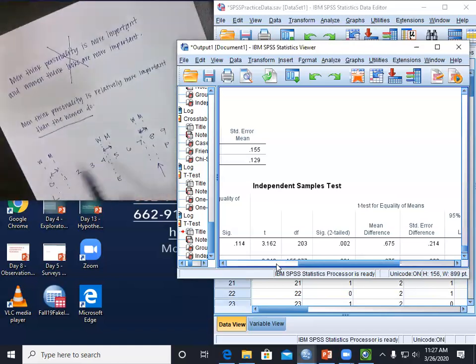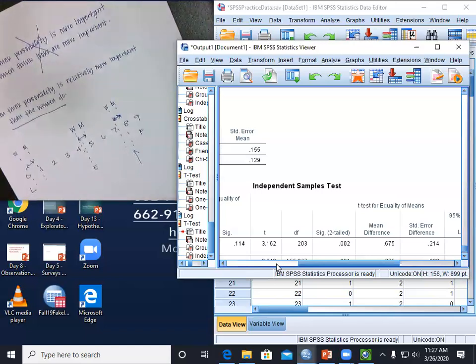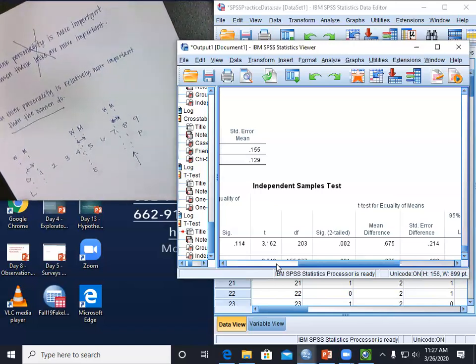However, in each of these cases, compared to the women, the men think that personality is more important because the men's mean is significantly higher than the women's mean. So we have to be very careful in this independent samples t-test that our conclusion includes that comparative statement. Compared to the women, men think that personality is more important.